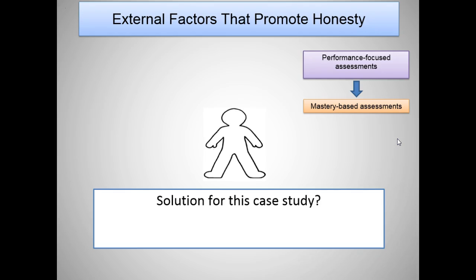Maybe a case where they get multiple attempts to practice, and eventually there could be some sort of a capstone or a performance element at the end, but that performance element would not be the only measurement of what a student's learned. It may not even be the main measurement of what a student has learned.